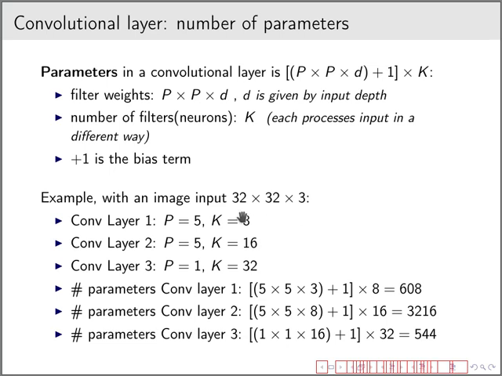Let's say we have a 32 by 32 by 3 image. So if we do a quick count, this image has 3072 pixels, right? So 3000 pixels, let's say.